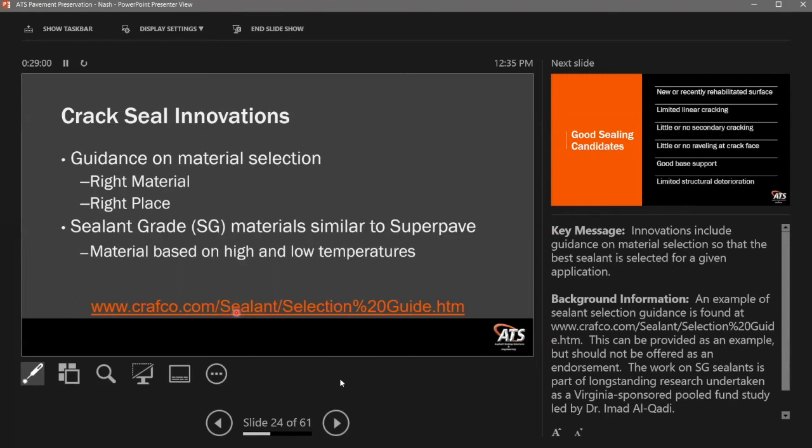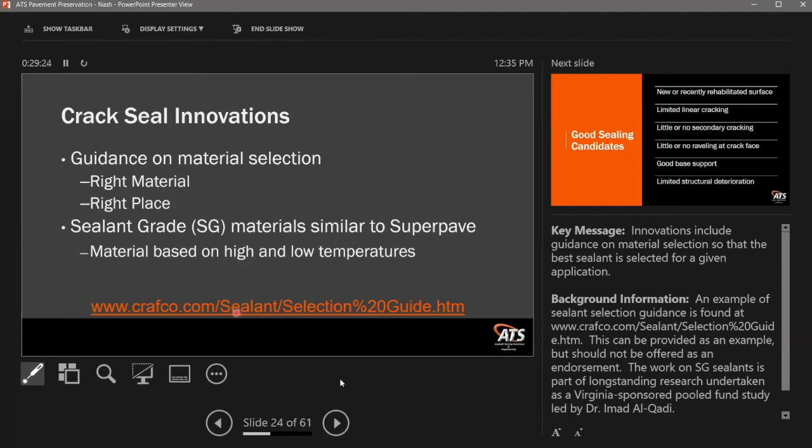The innovations as far as the crack sealing goes, there's guidance on material selection. They are coming out now. Again, there's a part of the group with the task group for AASHTO. They're coming out with some guidance on creating a sealant grade. So if you're familiar with hot mix asphalt, the asphalt itself has a performance grade.